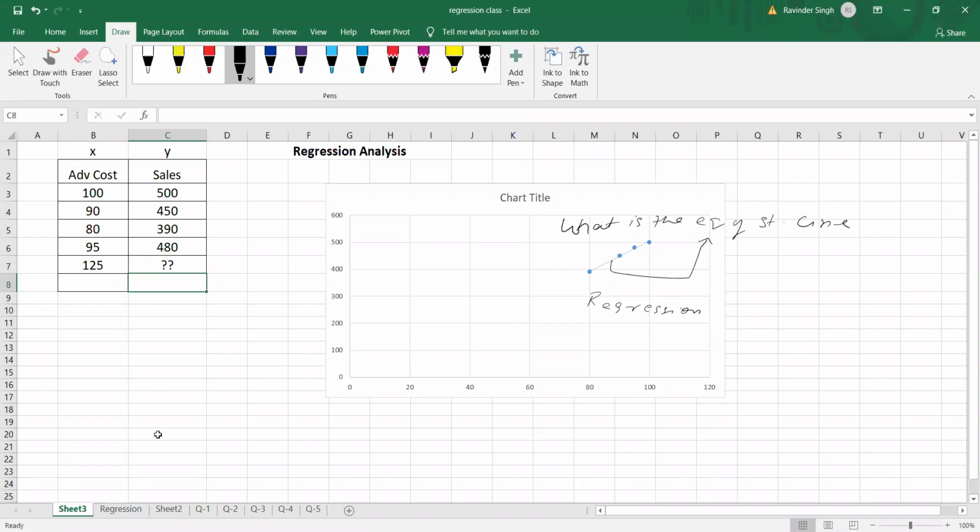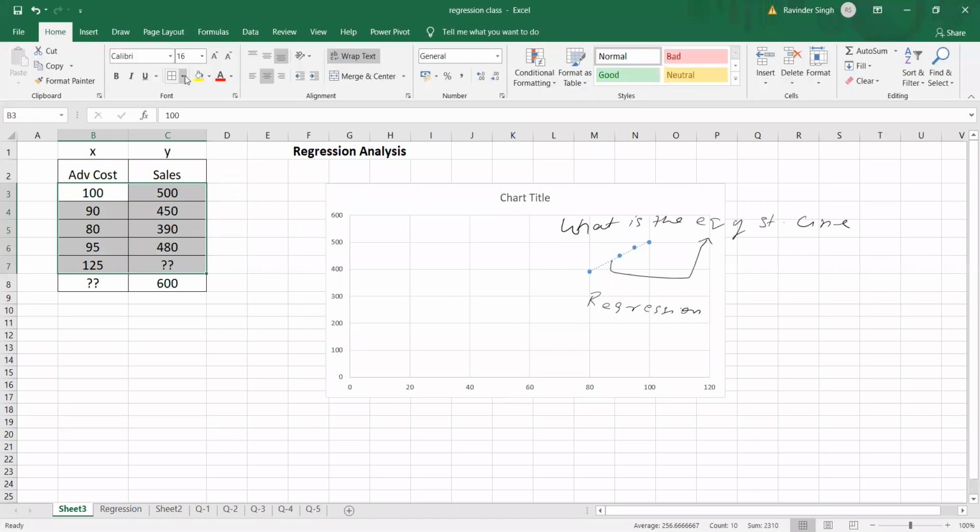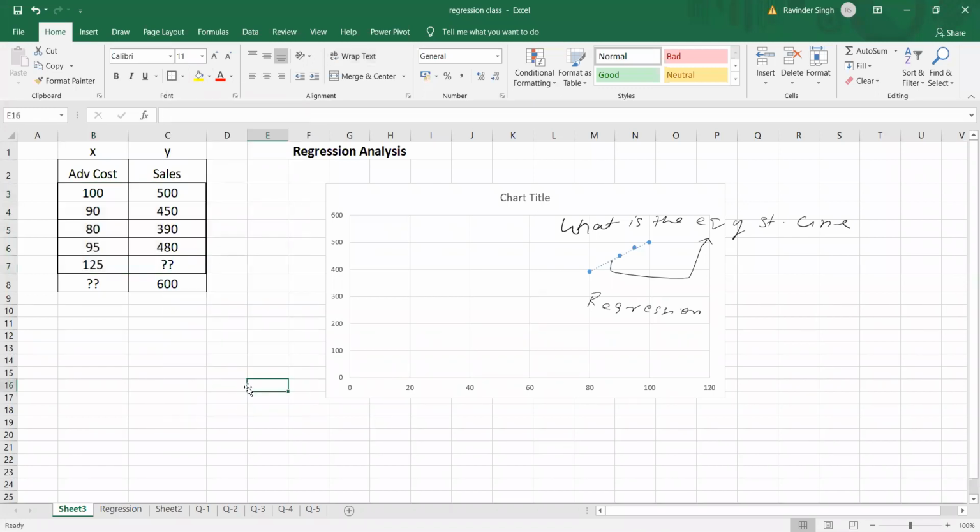Or it can be vice versa: if I get 600 lakhs of sales, what was my advertisement cost? Up to this particular data set, it is easy for me to check the correlation. But when it comes to forecasting values, we need the equation of the regression line.